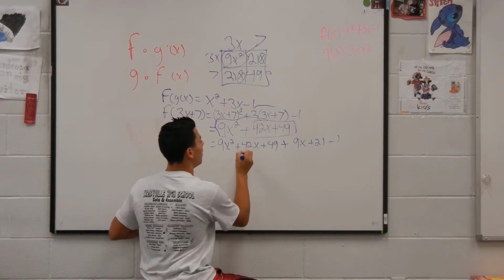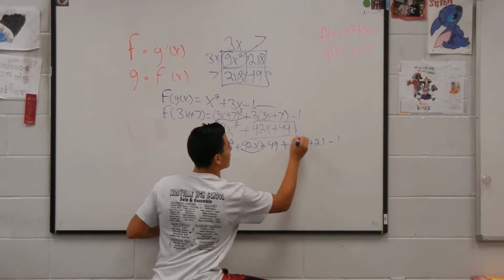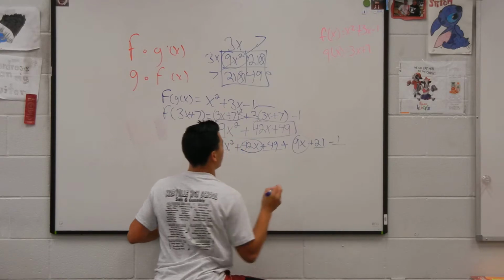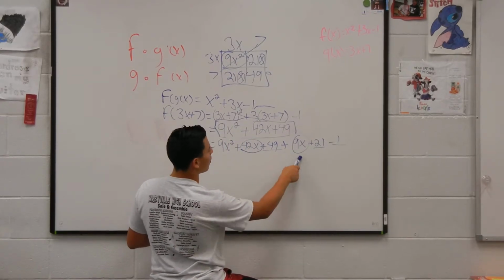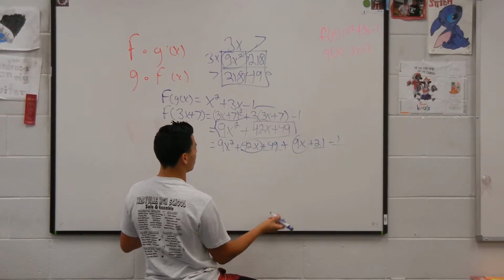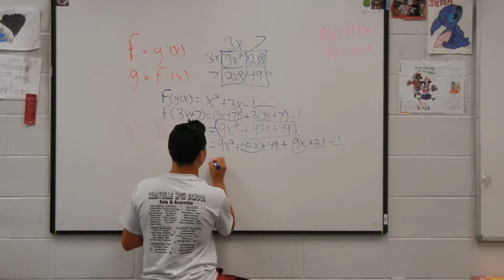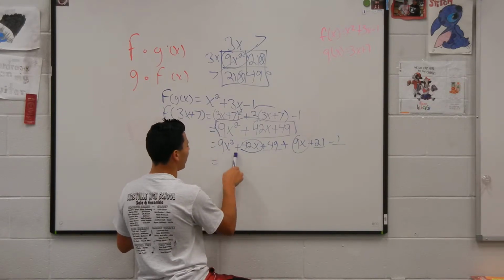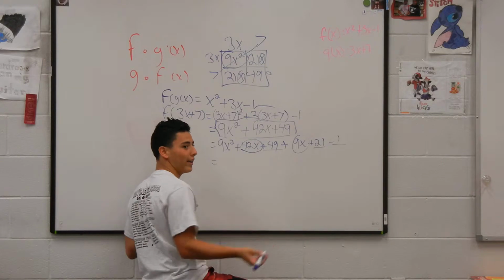Okay, so you would combine the common variables together. In this case, 42x plus 9x equals 51x. The 9x squared stays together because there are no more x squares.